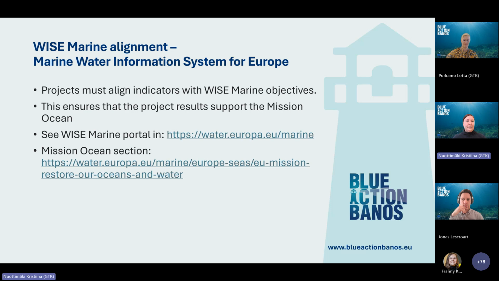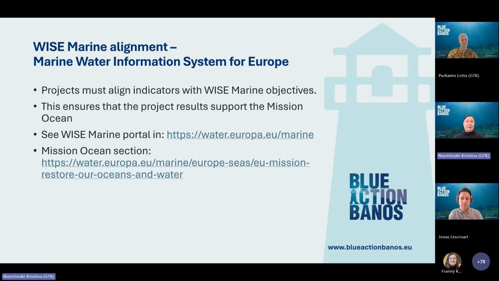So where can you find more information about these indicators then? There exists a WISE Marine Water Information System for Europe, and it has a great internet page that offers a lot more information about the indicators themselves. So all of the projects funded in this BlueActionBANOS project must align the indicators with WISE Marine objectives.